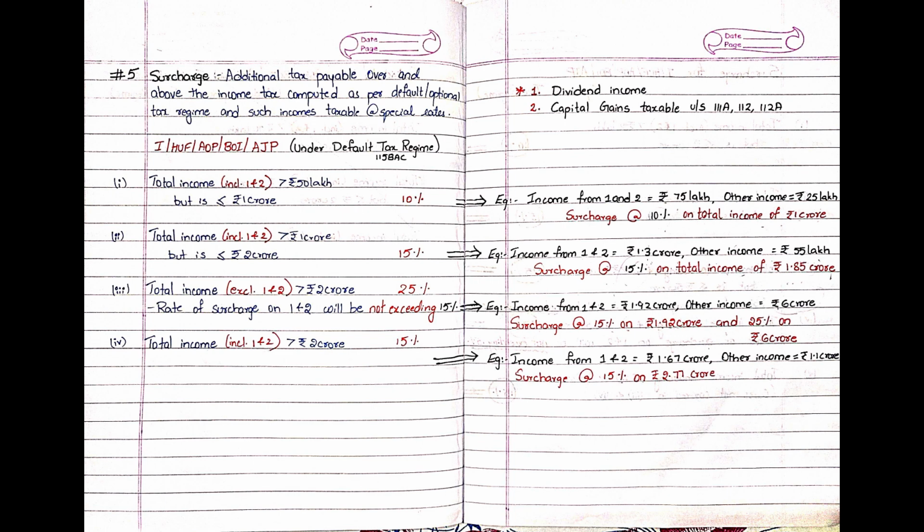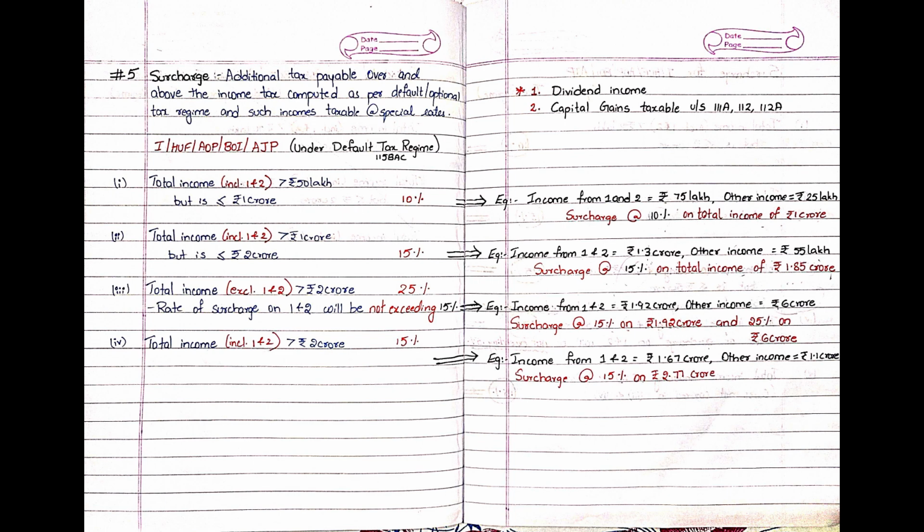That is, excluding 1 and 2, the other income is rupees 6 crore. In such a case, we levy the surcharge at the rate of 25% on other income, that is rupees 6 crore. And the surcharge on 1 and 2, that is on rupees 1.92 crores, will be at the rate of not exceeding 15%. Let us take 15% here.